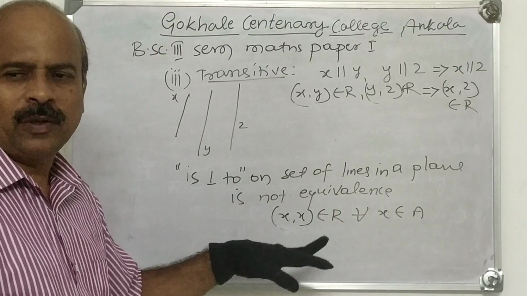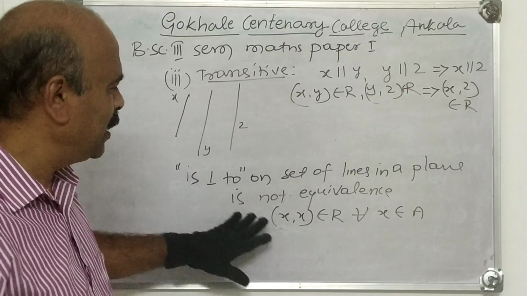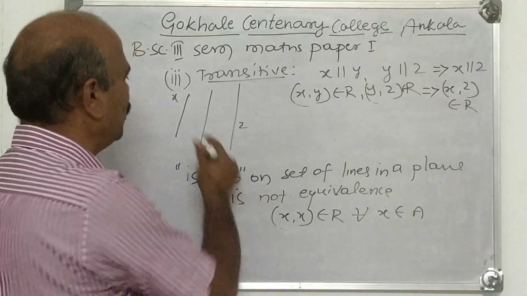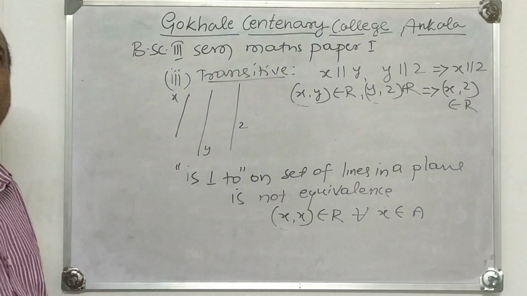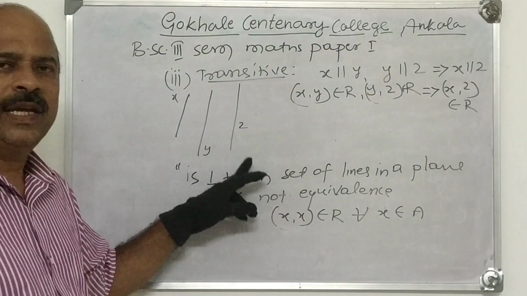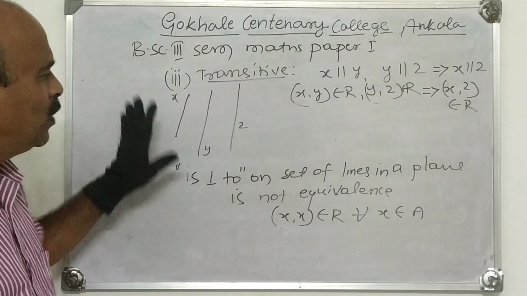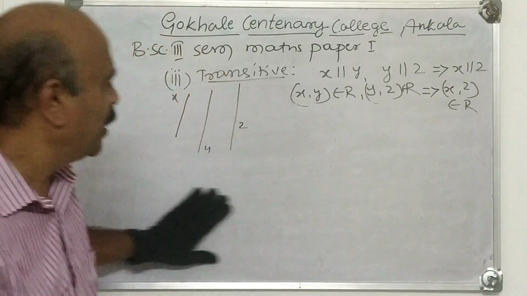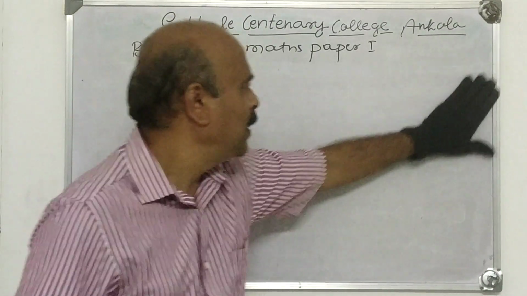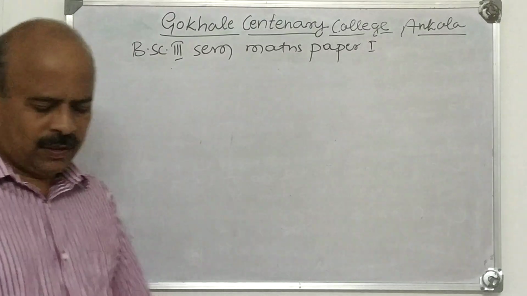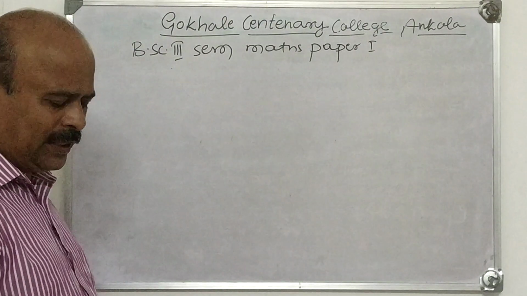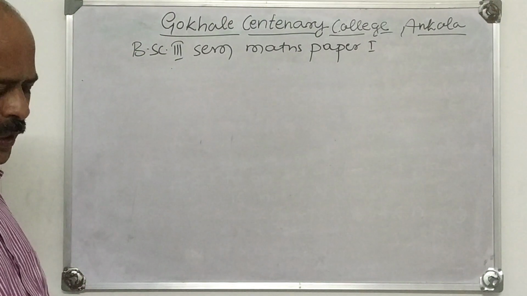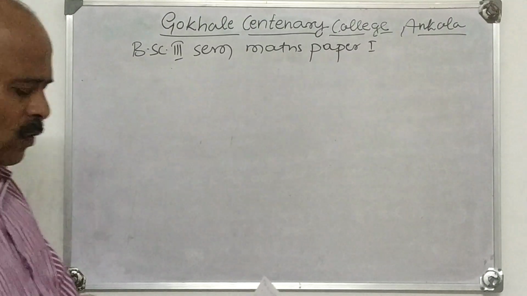Is it true? No, it is not true. Any line is not perpendicular to itself. So, it is not reflexive. Hence, it is not an equivalence relation. What is an equivalence relation? It must be reflexive, symmetric, as well as transitive. Then only it is an equivalence relation.